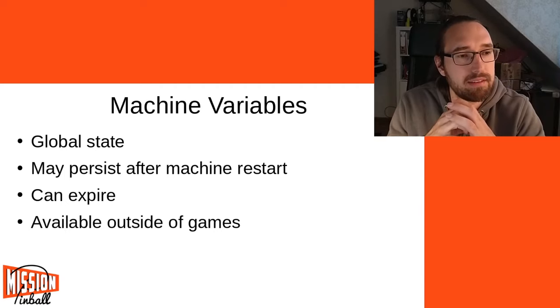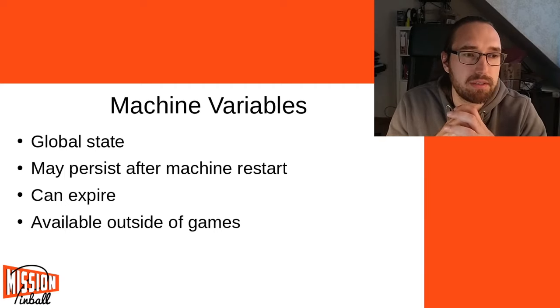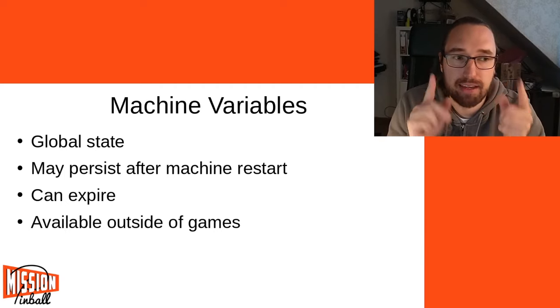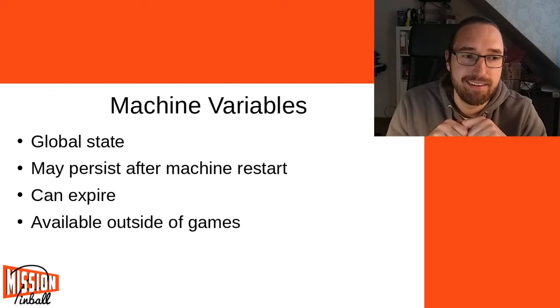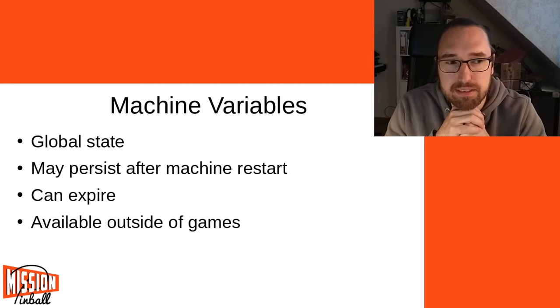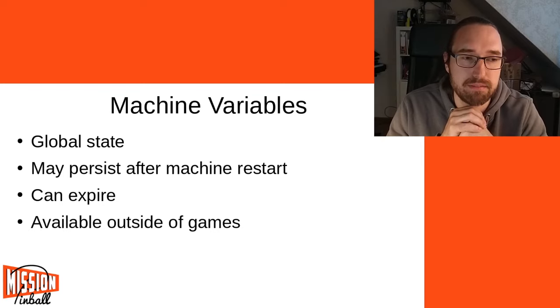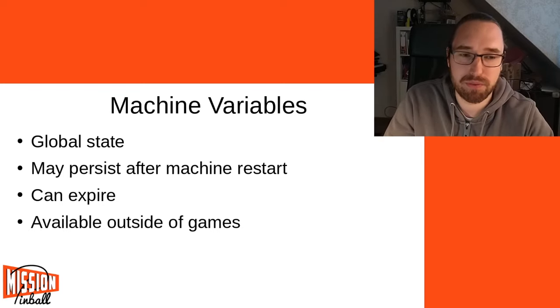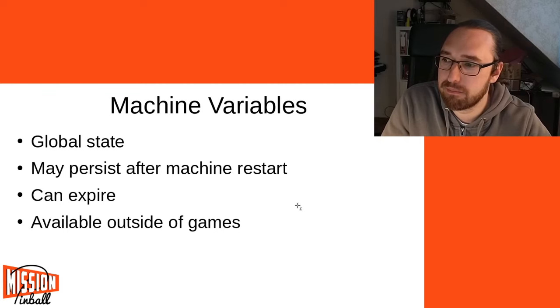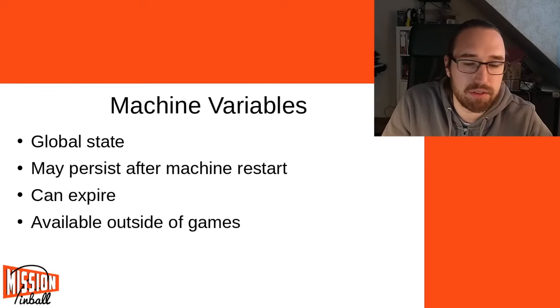So you probably want a machine variable, but that can be done with a variable player. I will show you in a minute how this works, because it's a little bit hidden maybe, but it's relatively easy to use if you know where to look.